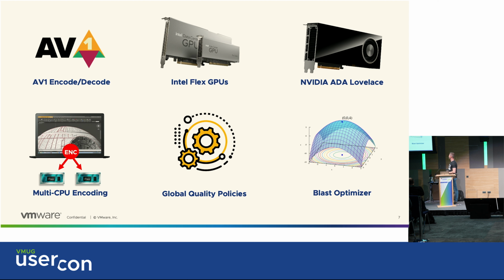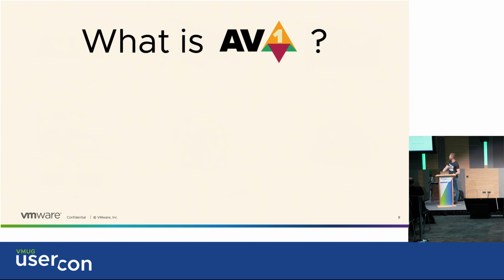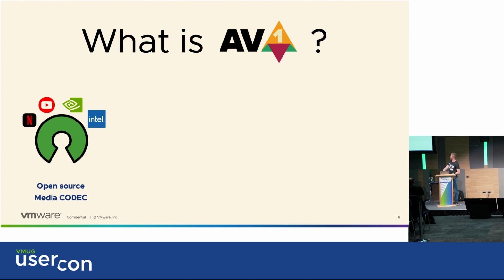What the Blast Optimizer does is provide, hypothetically, a slider, and depending on the value of the slider, you end up with a really compressed, low-quality user experience or a high-fidelity user experience. So it makes it really easy for most use cases to optimize the Blast Extreme settings.